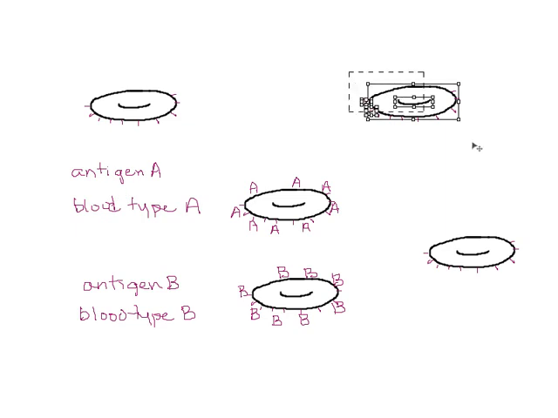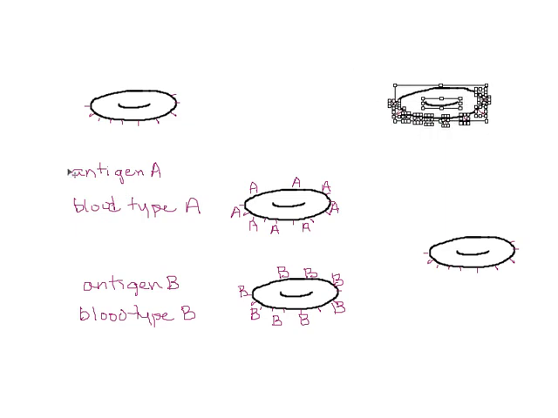Two more things can happen. Some people have both. Some people's cells have A antigen and B antigen. Both. Those people's blood is called AB.